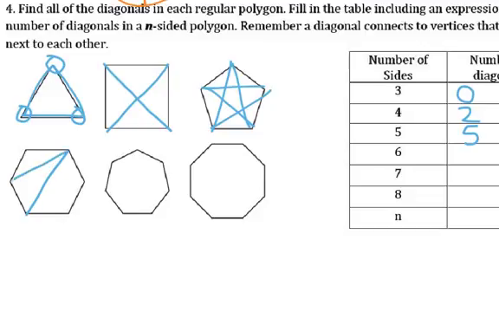Okay, what about for a hexagon? 1, 2, 3, 4, 5, 6, 7, 8, and 9.